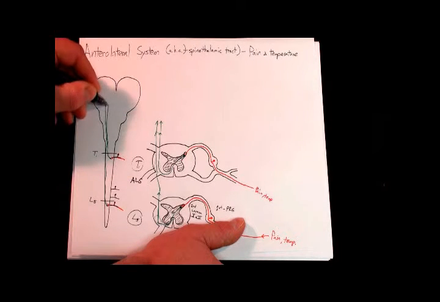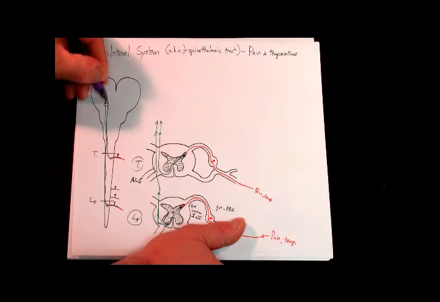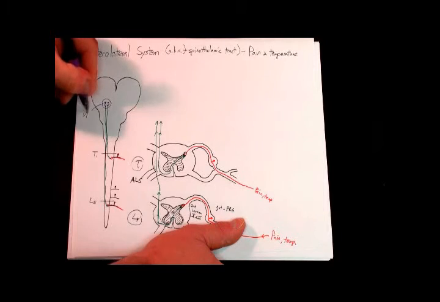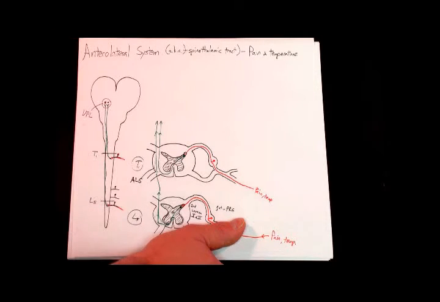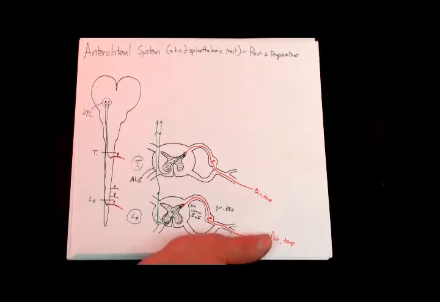You have seen where these guys are going already. They are going to the VPL nucleus of the thalamus. So all somatosensory information, whether it's from the medial lemniscal system or the anterolateral system, winds up at the ventral posterior lateral nucleus of the thalamus one way or the other.